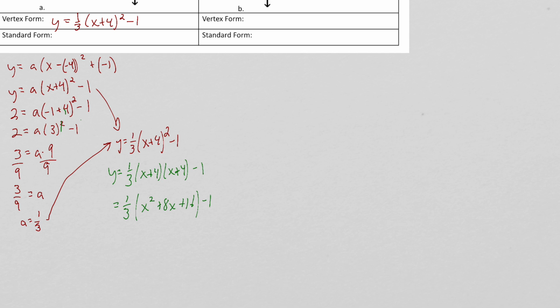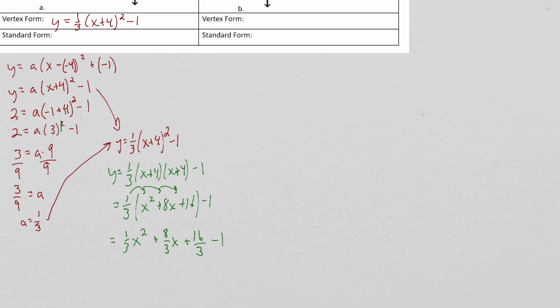And now I need to multiply my 1/3 into all pieces. We're using the distributive property. That gives me 1/3 x squared plus 8 over 3 x plus 16 over 3. And then I have my -1.